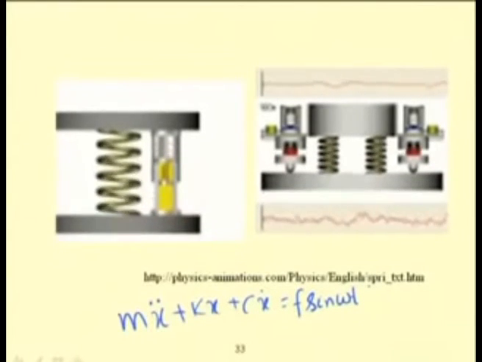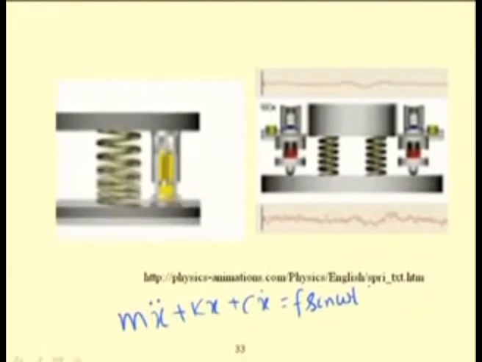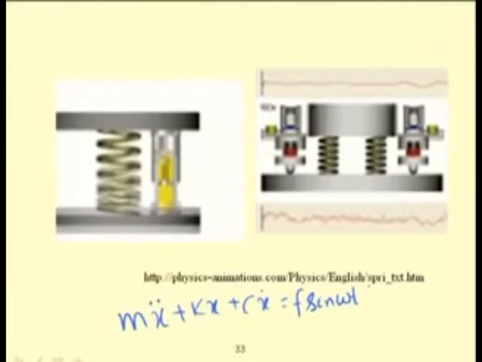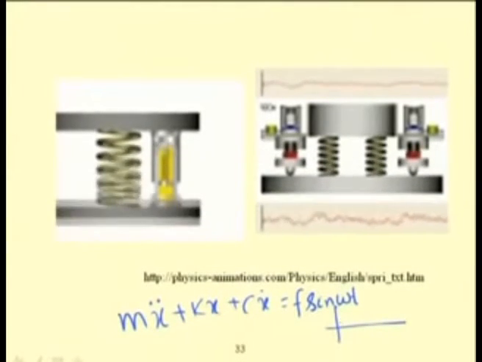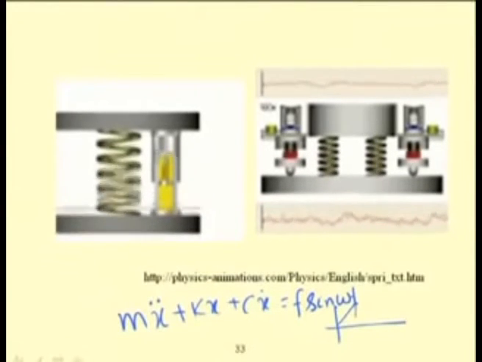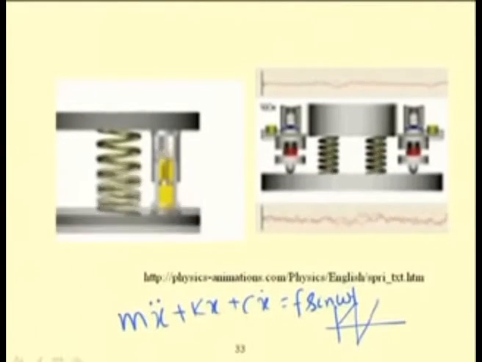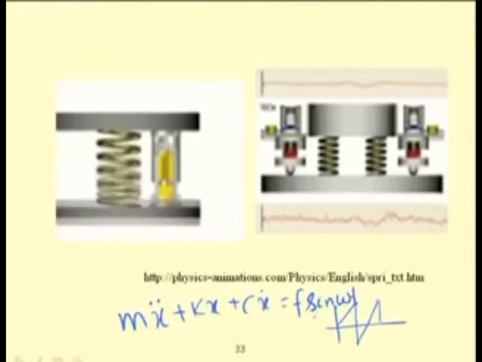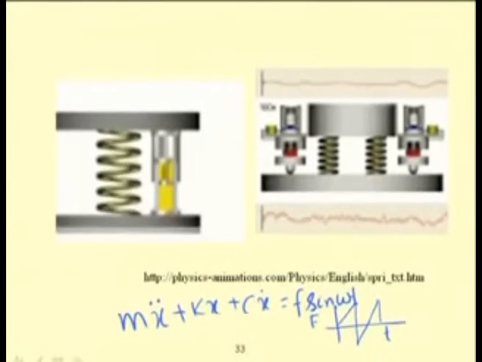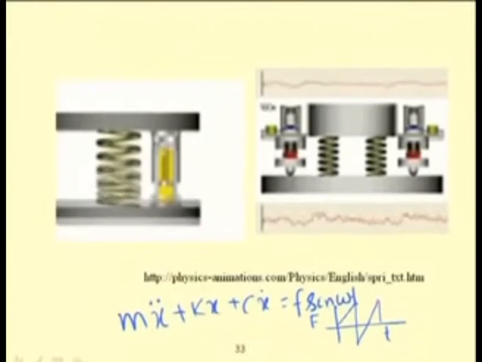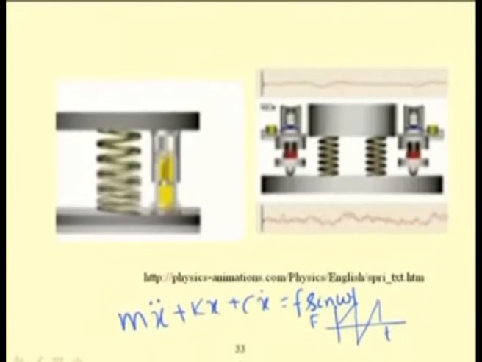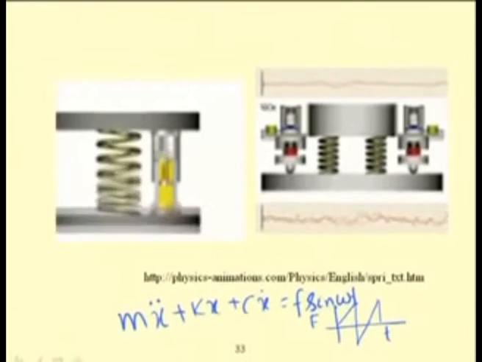The force may be an impulse type of force, it may be a ramp type force, or it may be some other periodic force like a triangular force or a square wave. This is force versus time, or one may use a bang type of force also. In all these periodic cases one can convert these forces into the corresponding harmonic force by using Fourier series.